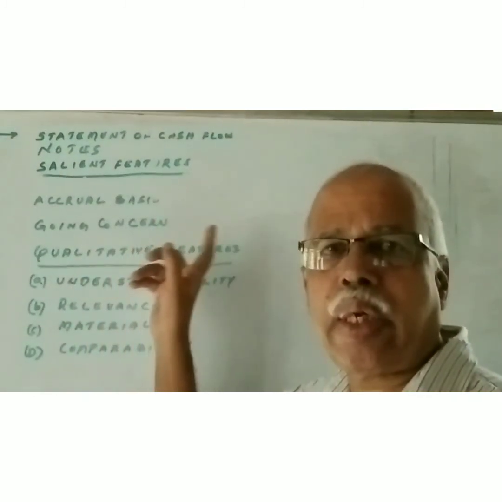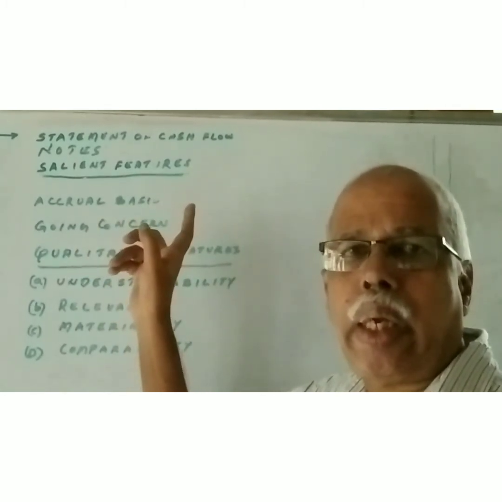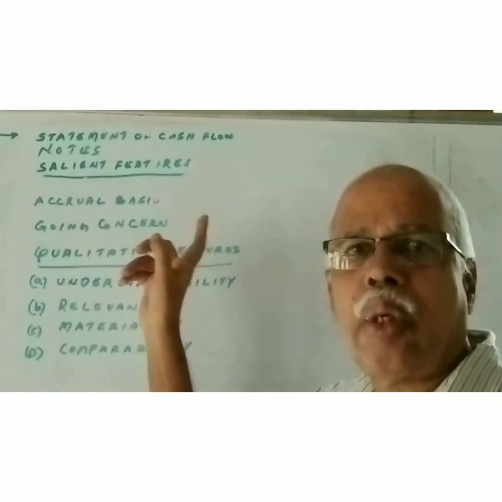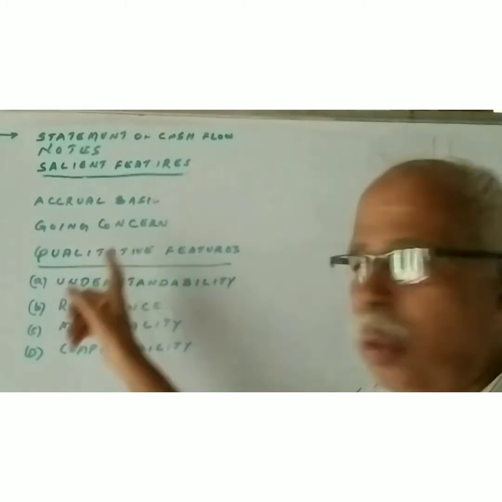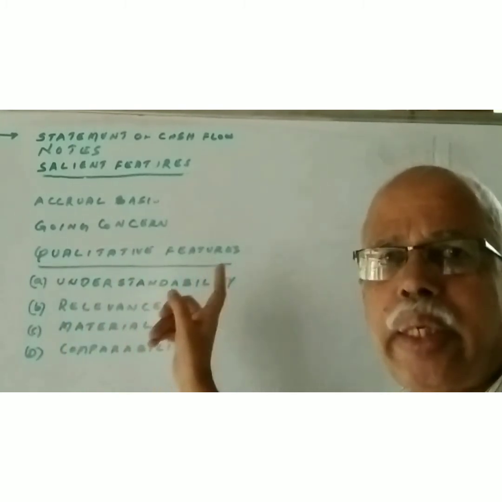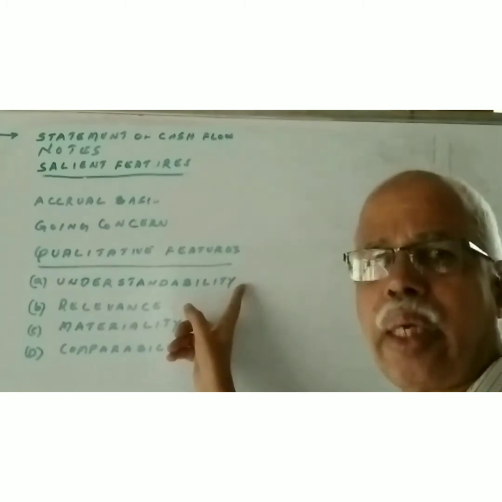Financial statements of a company is used by a wide variety of people who take decisions based on the statement. So it is necessary that they should have some qualitative characteristics. One is understandability.